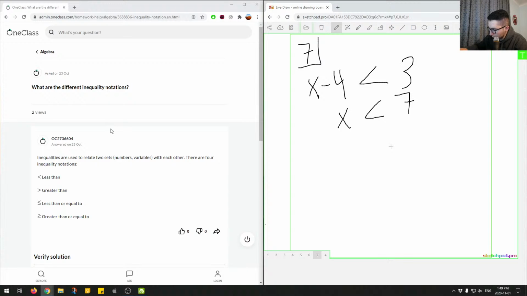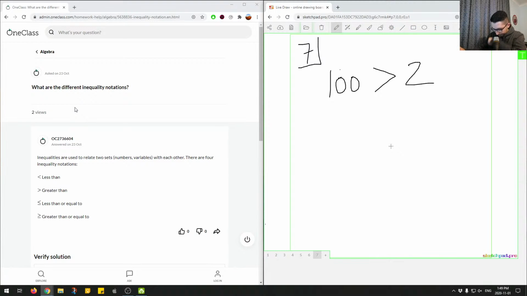Let's say we had greater than. Greater than goes this way. It could be like 100 is greater than 2, or 2 is greater than 1, stuff like that.